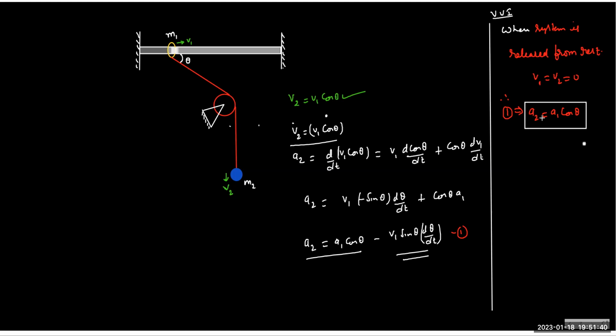So at the moment of release, the terms appearing will vanish, the additional term in equation 1. I hope you can see that. Is it clear? Yes, sir. You can do it in many ways.